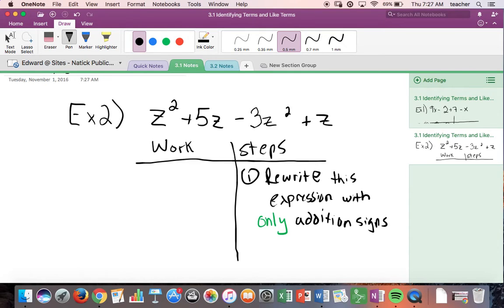So my goal here is I want to take the expression that we have, and as you can tell, there are addition and subtraction signs in this, and I want to get rid of all my subtraction signs.